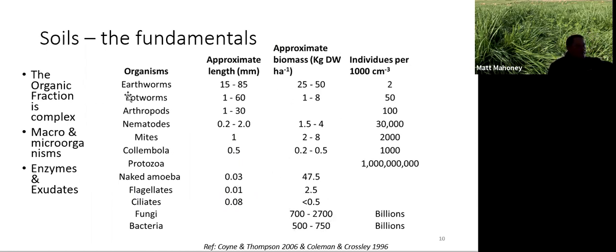Think of a hectare area, 100 metres by 100 metres of soil, going down into the top part of it, where these organisms exist. 25 to 50 kilograms of earthworms, and something in the order of 500 to 750 kilograms of bacteria.